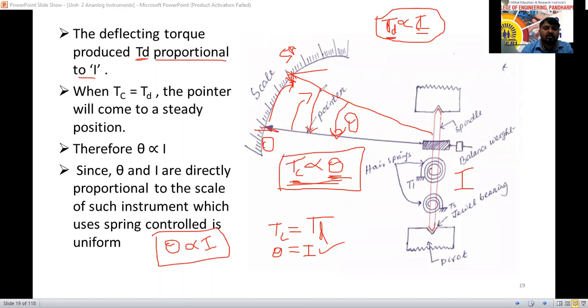It may be the controlling torque or the deflecting torque; both arrow marks I have shown here, from here to here and here to here. Since theta is directly proportional to I, the scale of such an instrument which uses spring control is uniform here. Spring control is uniform, we are going to call that.